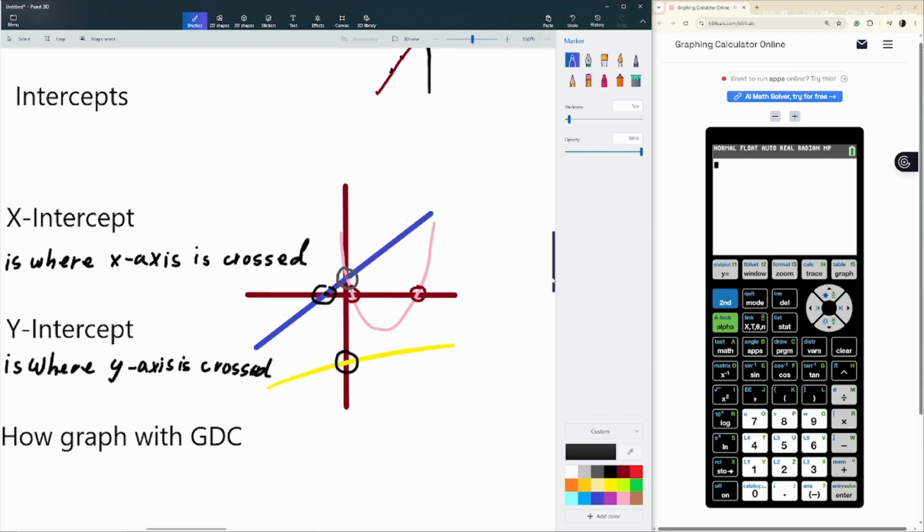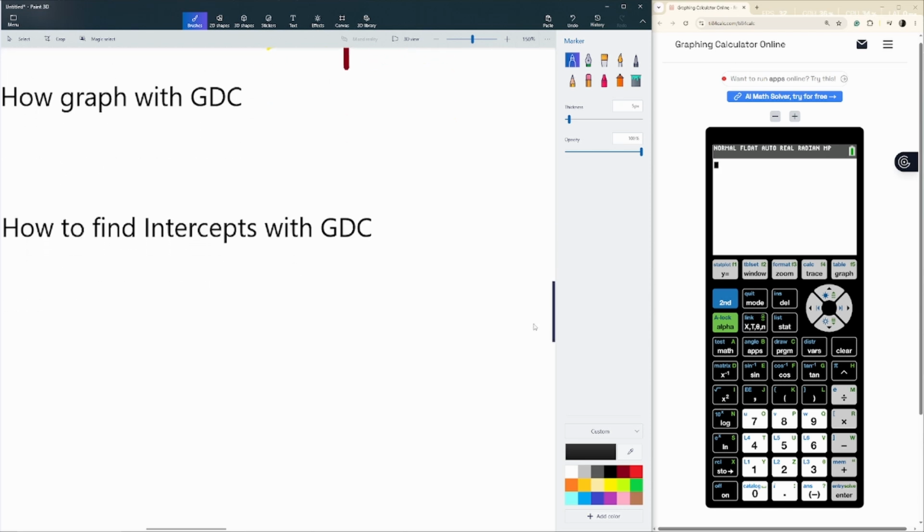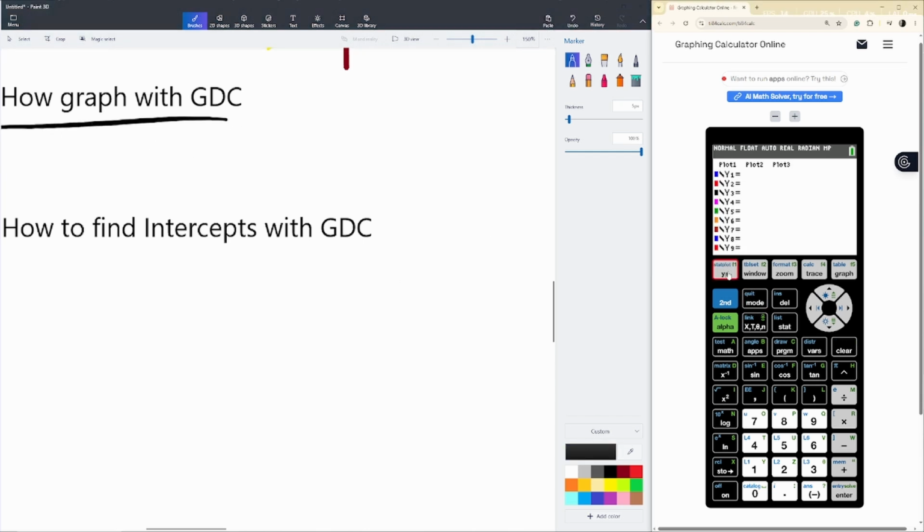However, these can actually be found very easily by graphing with your calculator. So how to graph with your GDC, you might be wondering. First of all, you go to y equals. This is the button that brings out all the different y1, y2 and y3. And you clearly have to know here that y is the same as f(x).